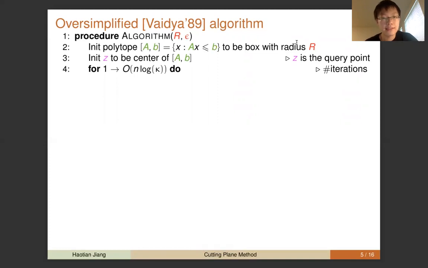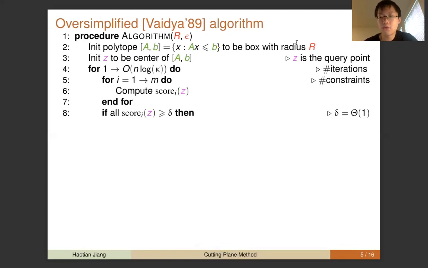The algorithm runs in n log kappa iterations, where in each iteration, for each one of the constraints i, the algorithm computes a score for that constraint i, which is dependent on z.